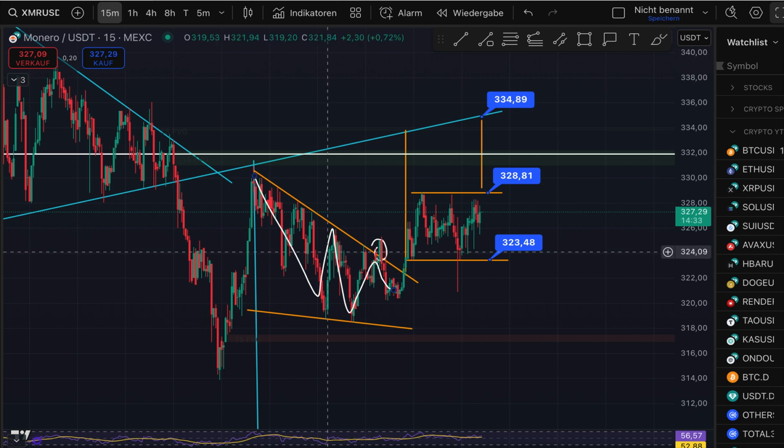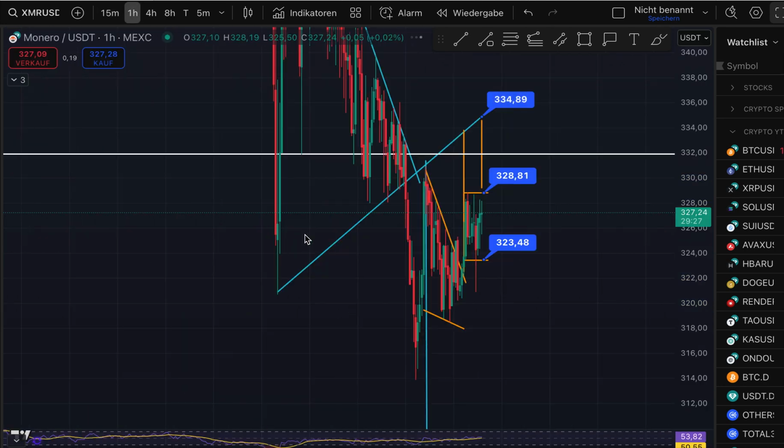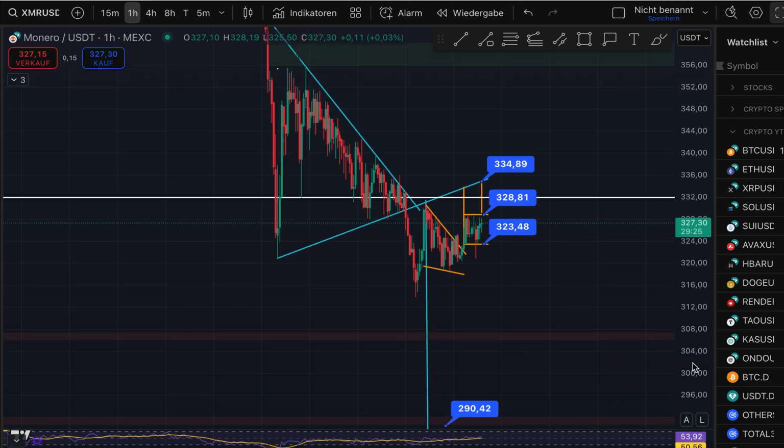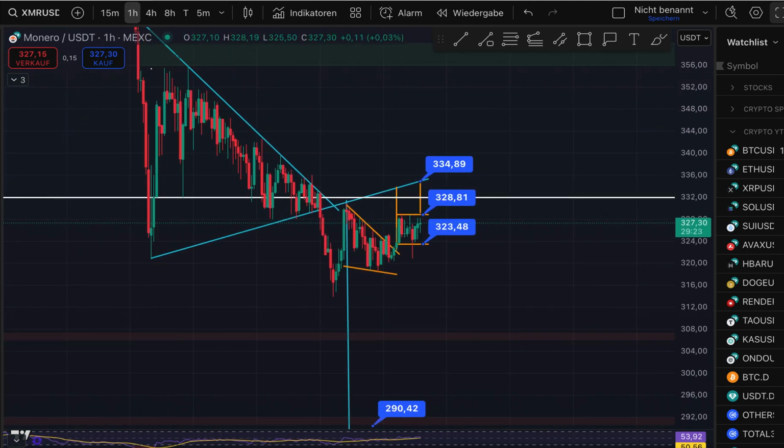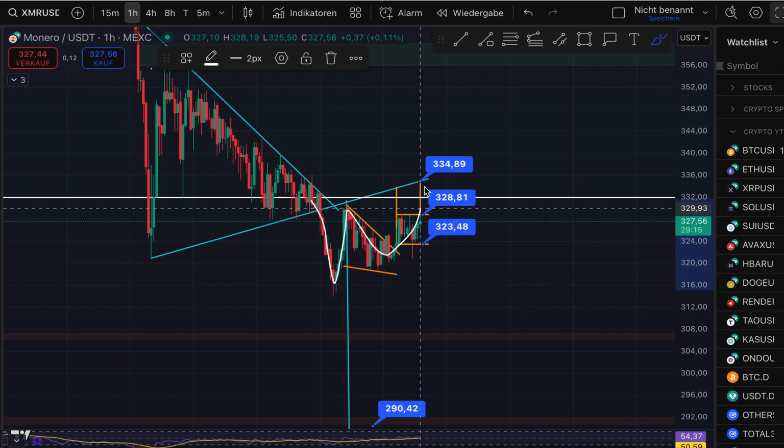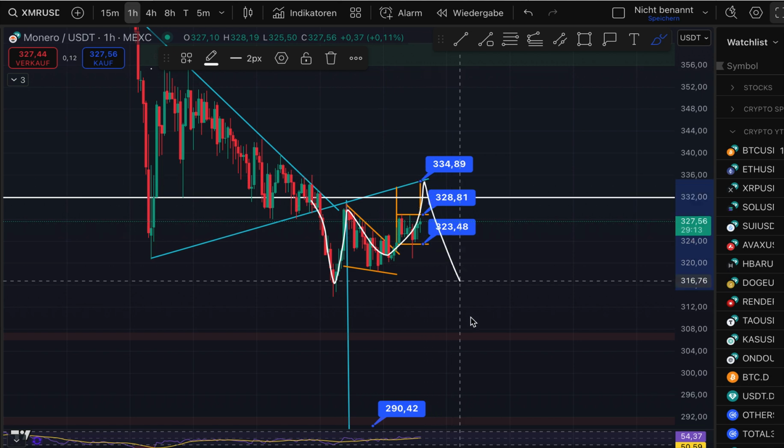The bright blue trend line is from the triangle. This might be just the second retest. We got here the breakout. We got here a retest. This can be the second retest, and afterwards we sell off.